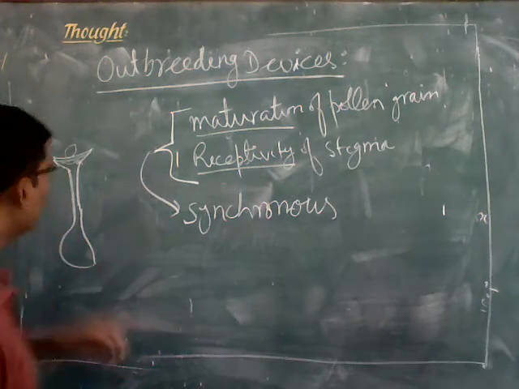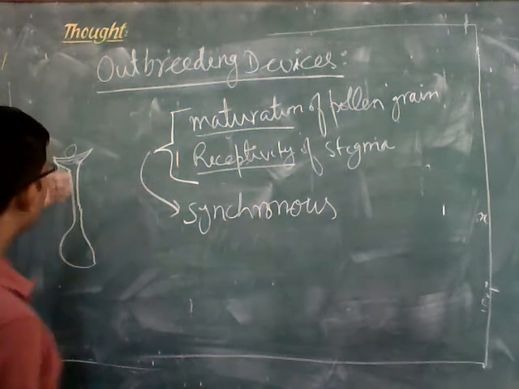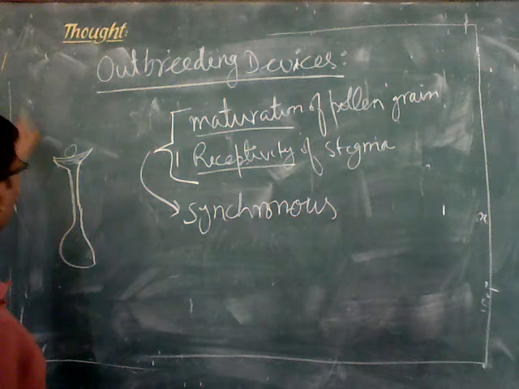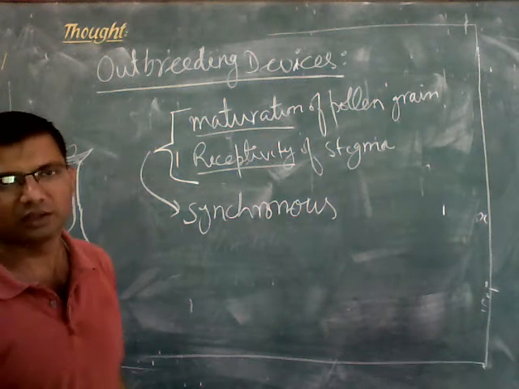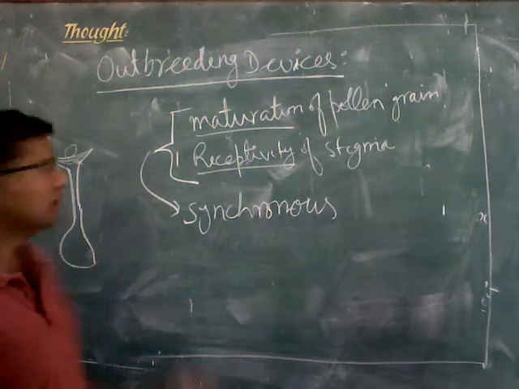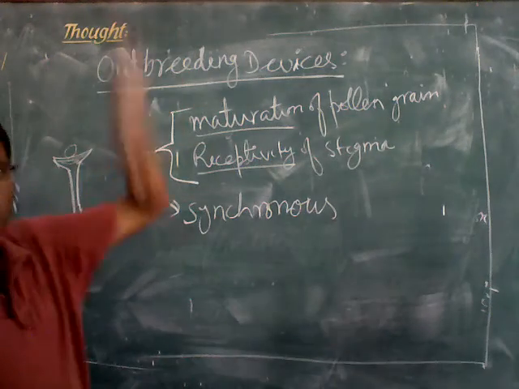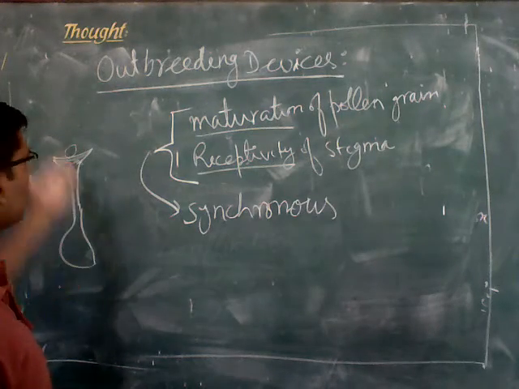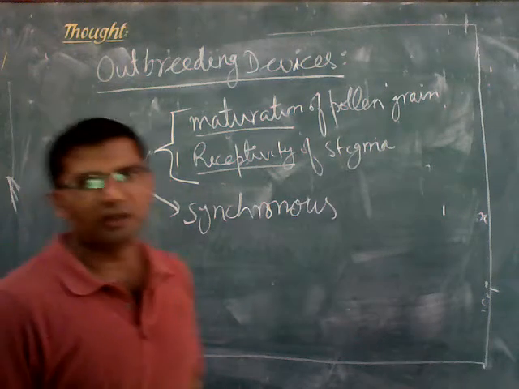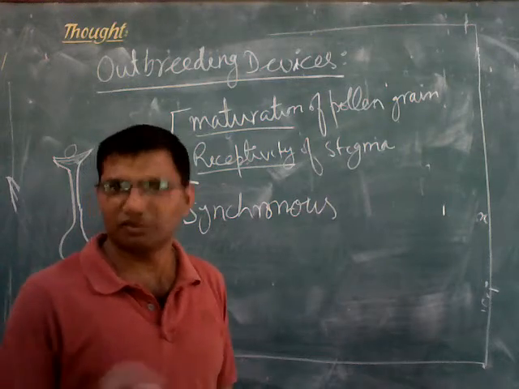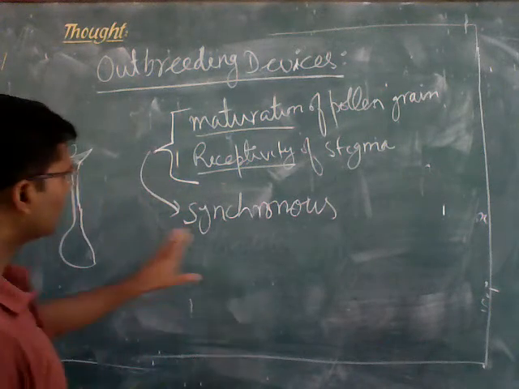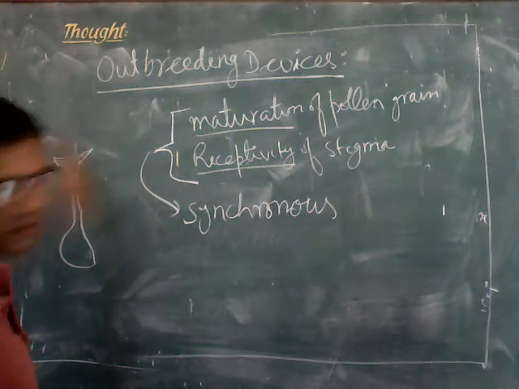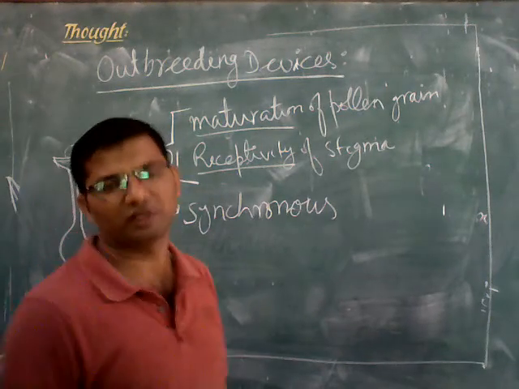Similarly, if the stigma has matured and is ready to receive the pollen grain, but the pollen grain has not matured yet, what will happen? It will receive some other pollen grain from somewhere else and do the pollination. It cannot keep waiting for the pollen grain from the same flower. So the synchronous development of the male and female parts in the bisexual flower is important for self-fertilization.